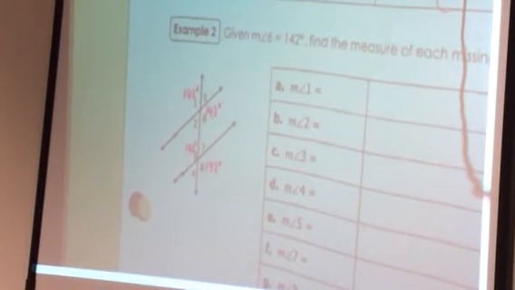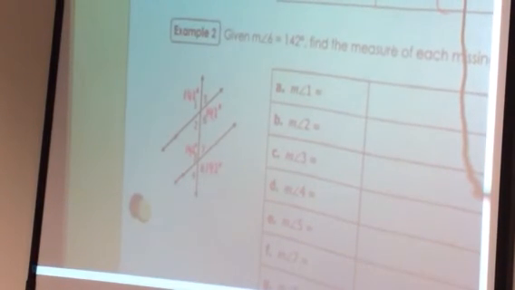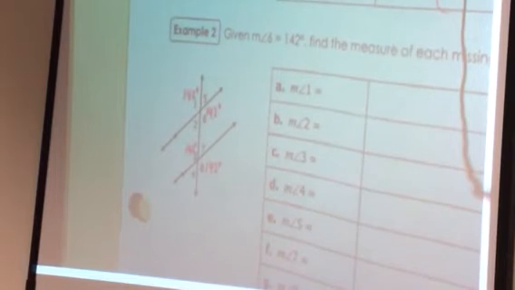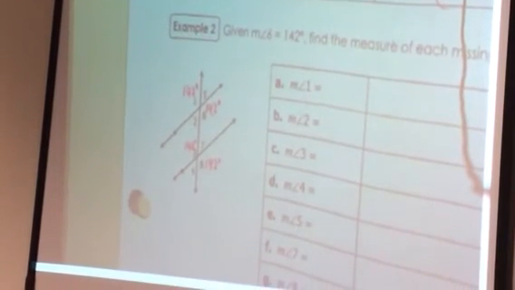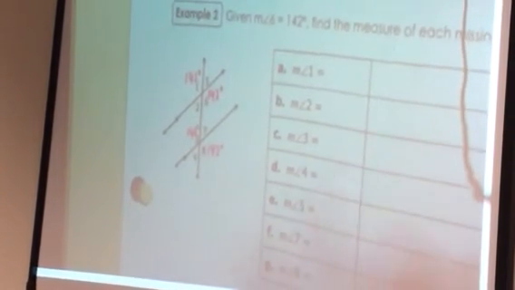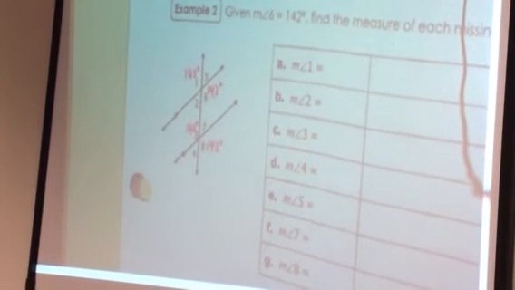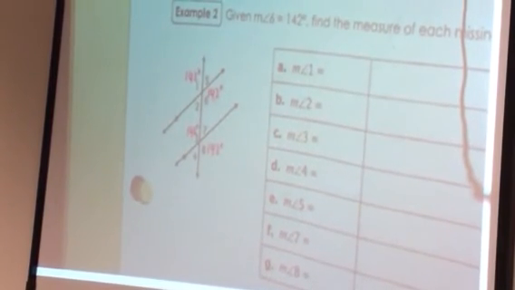And then how am I going to find the other angle measure? If they're not equal, they add up and give you 180, right? So you do 180 minus what? 180 minus 142, which gives you 38, which means this angle is 38, this angle is 38, this angle is 38, and this angle is 38.